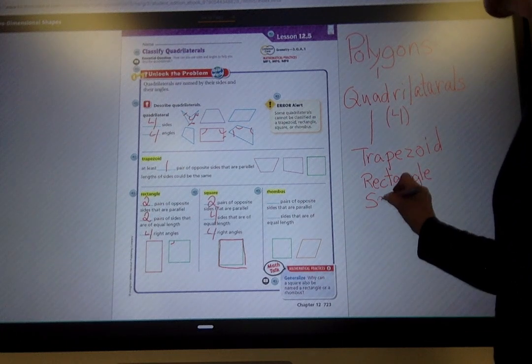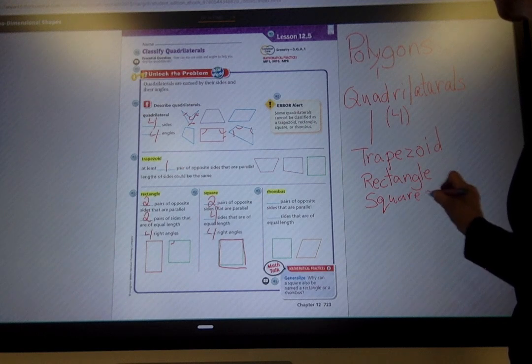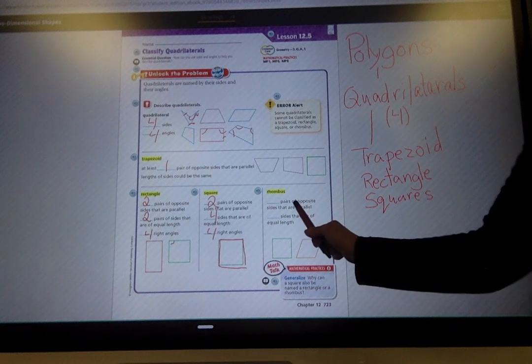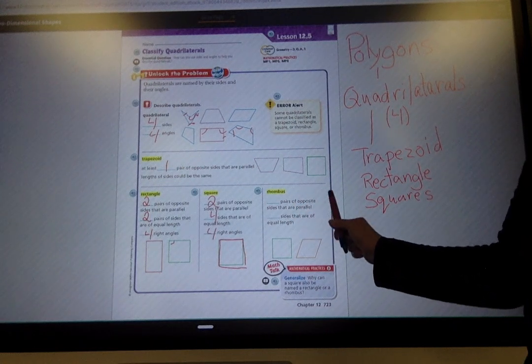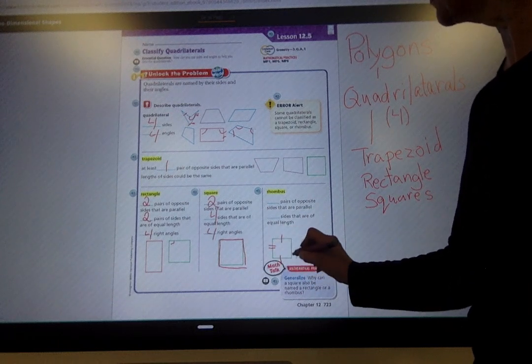Rectangles, squares, and here's another word, rhombus. Now a rhombus has to have 2 pairs of opposite sides that are parallel. This is parallel to this. This is parallel to this.